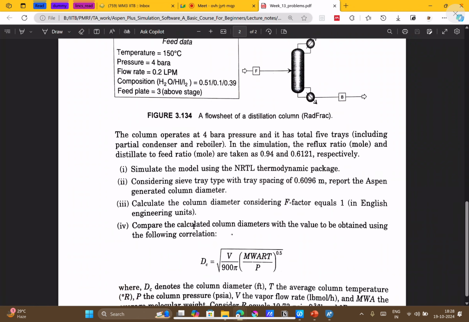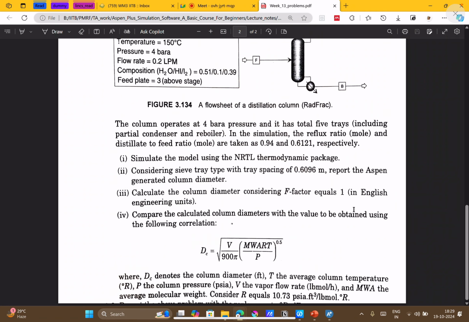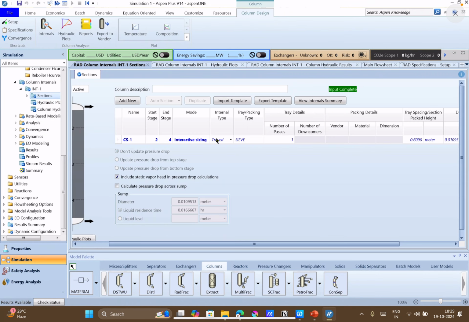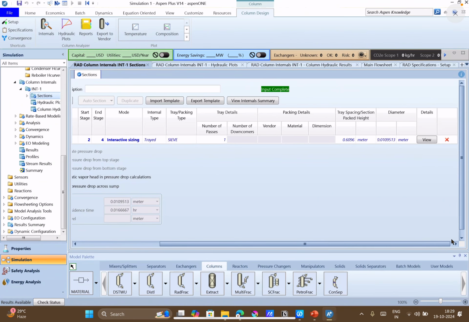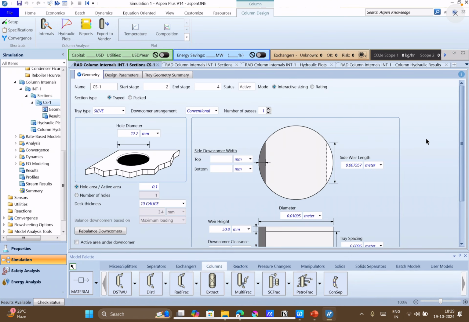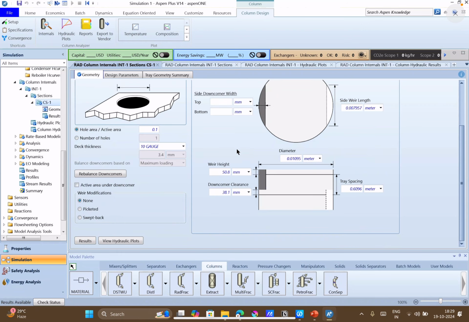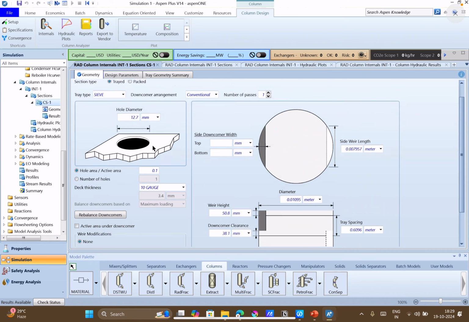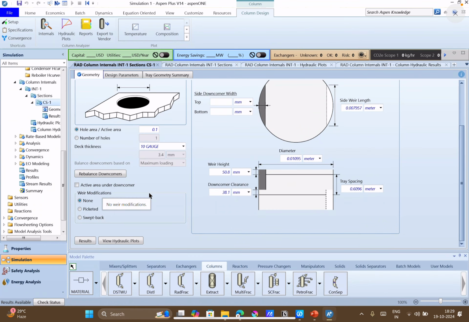Now we have to calculate the column diameter considering F factor equal to 1 in English engineering units. This is something new that we have to understand. In this selection, now where is the F factor?